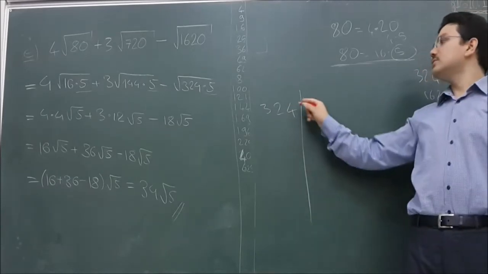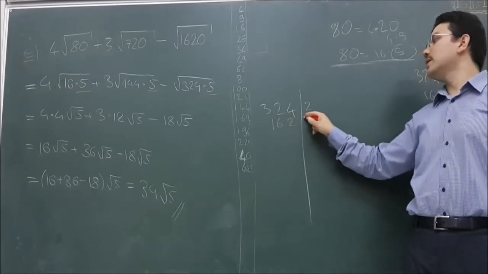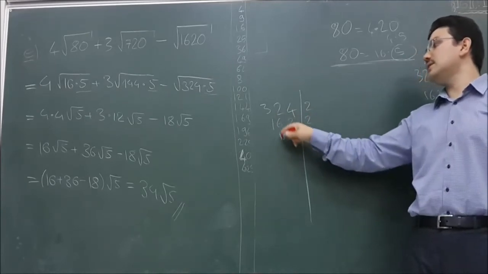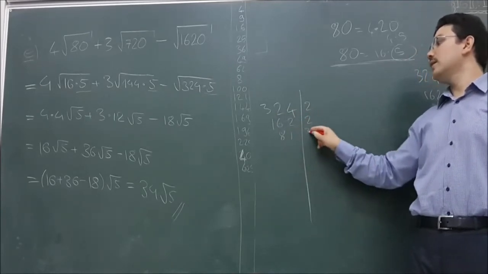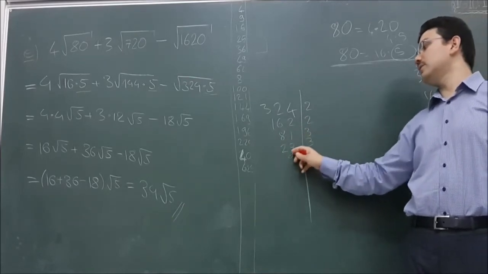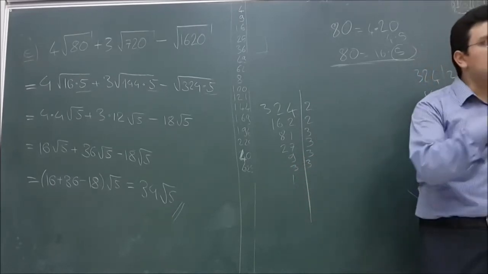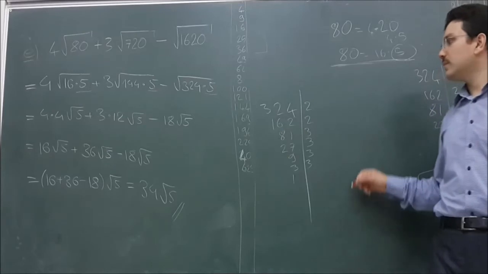Do prime factorization. By 2, 324 will be 162, 162 by 2 will be 81. 81 by 3, 27, 27 by 3, 9, 9 by 3, 3, 3 by 3, 1. If you cannot find the root, do this always.